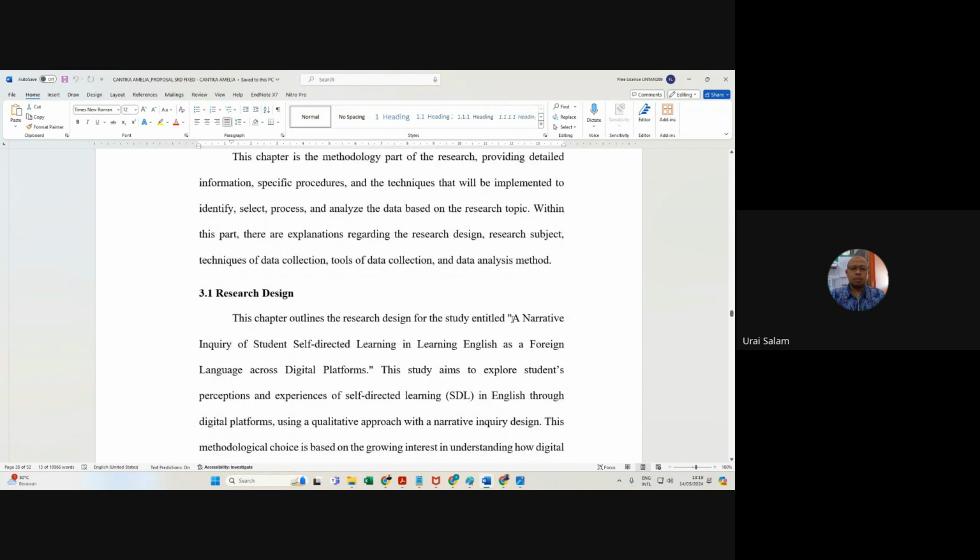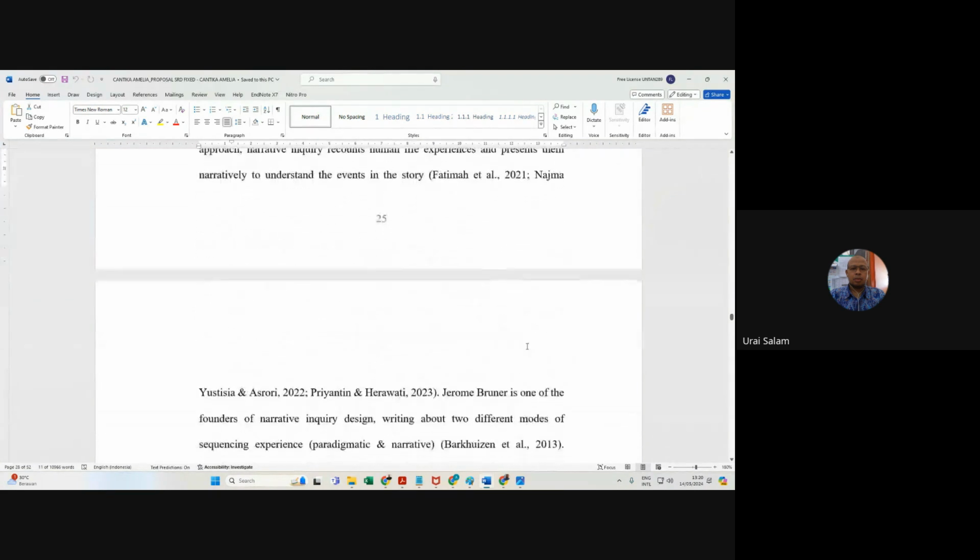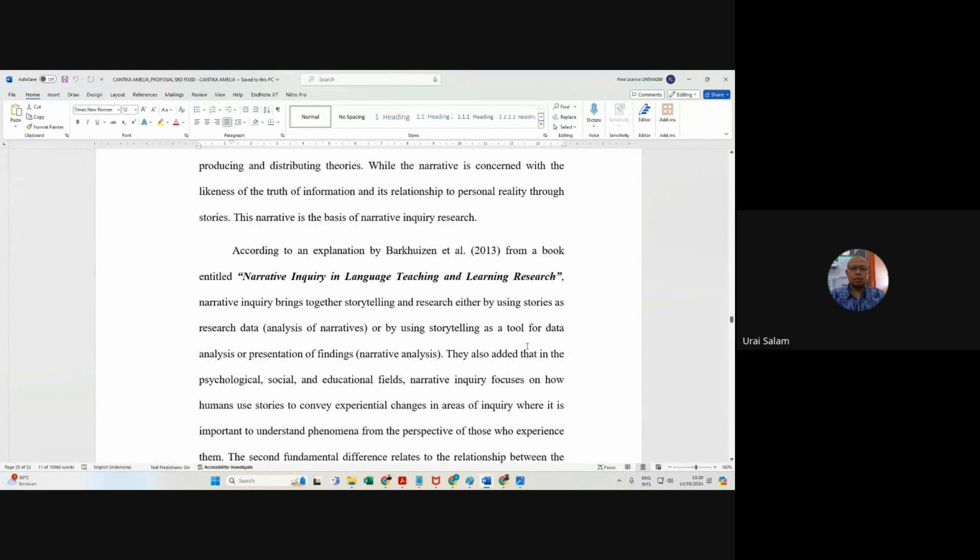Now, narrative is kind of a method, so you need to really understand how you investigate as a form of narrative inquiry. Do you know? Can you explain a little bit? If you are doing narrative inquiry, what are you going to do in your research?